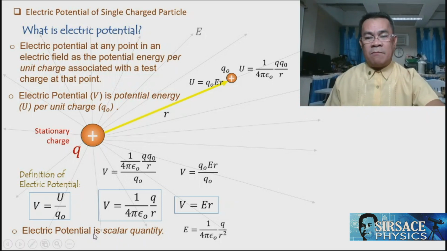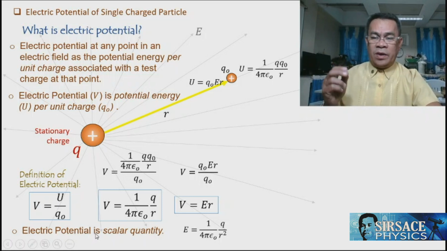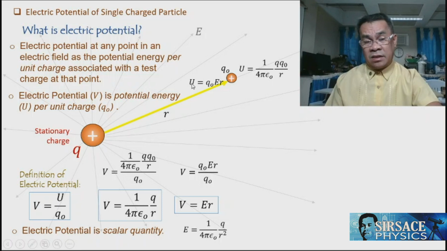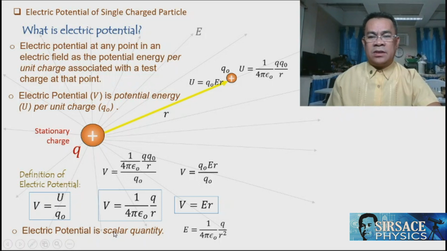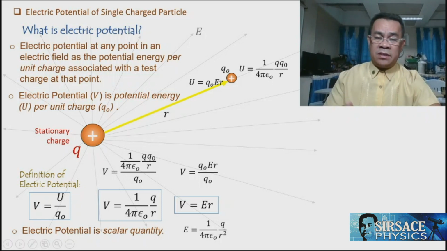Because this is scalar. But take note, we have the energy positive, and we have the energy negative, and we have energy zero, which means that the electric potential also can be positive, it can be negative, or it can be zero. Okay? So the question is, when can an electric potential be positive?